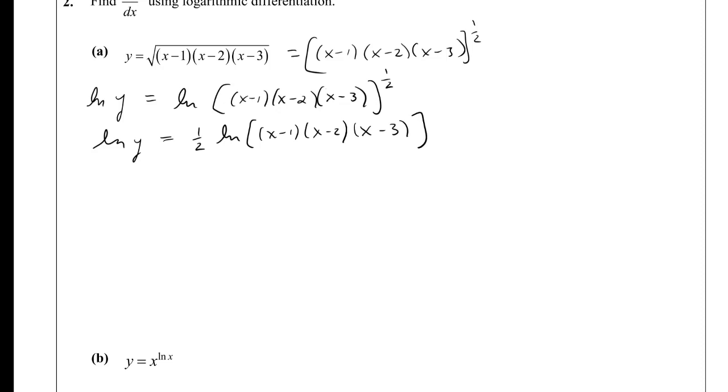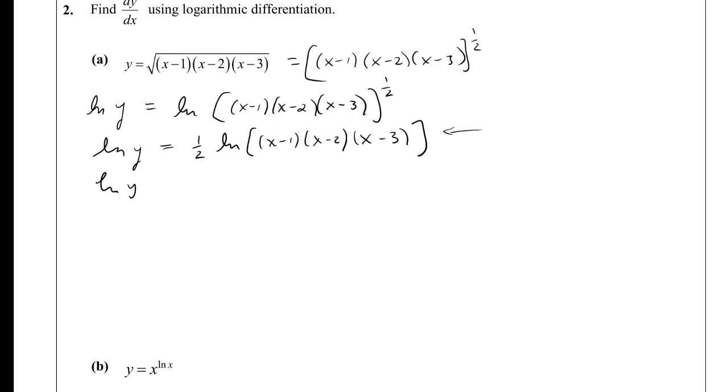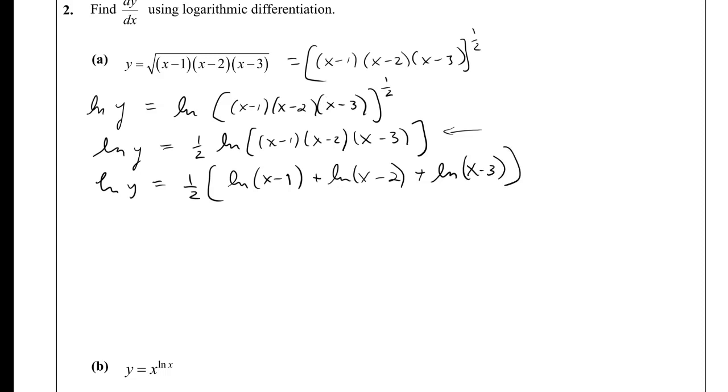Now, on the right-hand side here, I have ln of a product of 3 things. So that's not too bad. I'll just do 1/2 times ln of x minus 1 plus ln of x minus 2 plus ln of x minus 3.